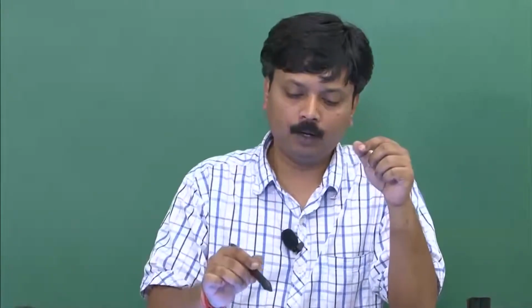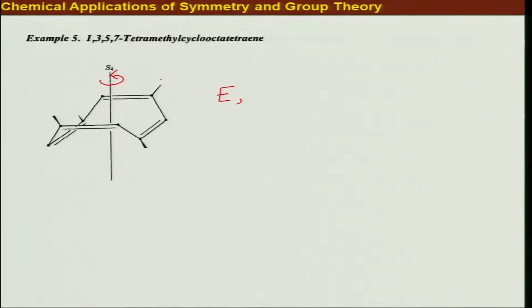If I put a star on this particular methyl group, a 90 degree rotation will take it to somewhere here, and then when you reflect it, the carbon which was protruding outside will go below the plane of the paper.